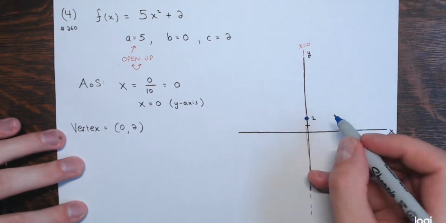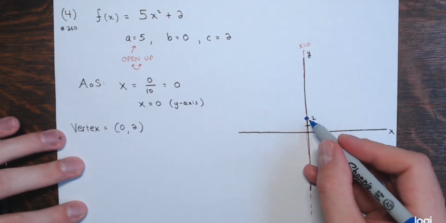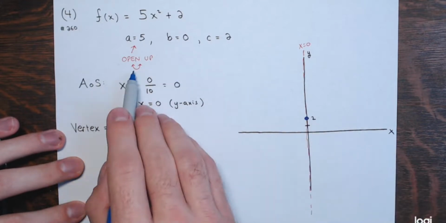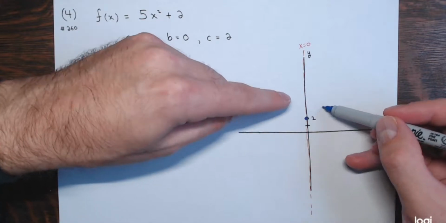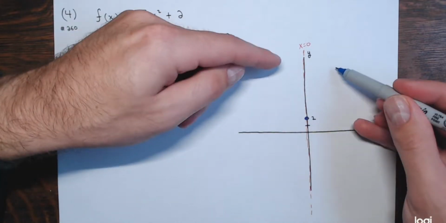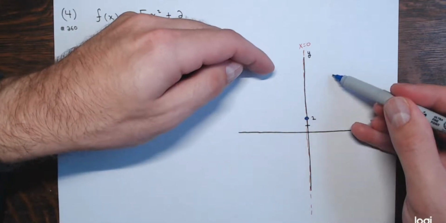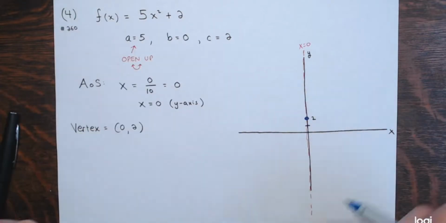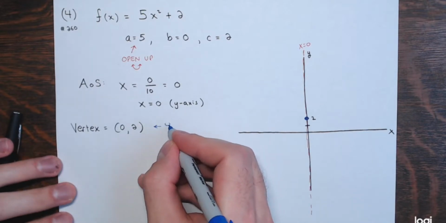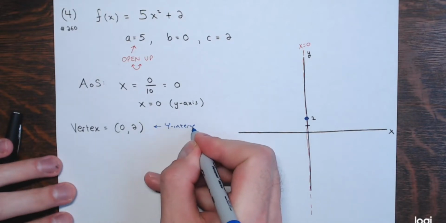The vertex is above the x-axis, and it's going to be opening up. So if I start from the vertex and go up, parabola shape, see how that graph is not going to hit the x-axis. So the vertex is the y-intercept. Cool.